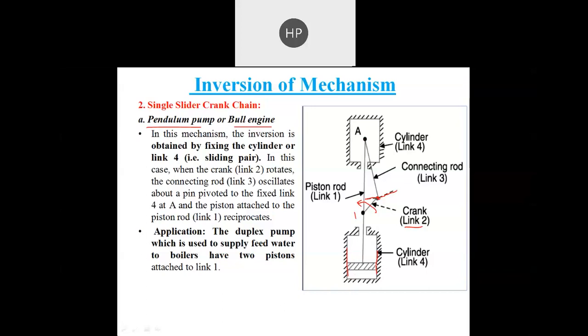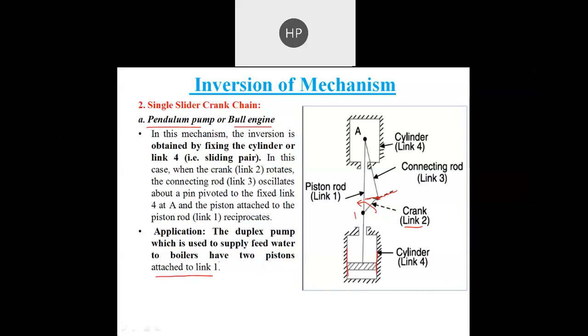Okay, and this is the use of the inversion of a single slider crank mechanism as a pendulum pump. Generally the duplex pump, which is used to supply feed water to the boiler, has two pistons attached to one link.